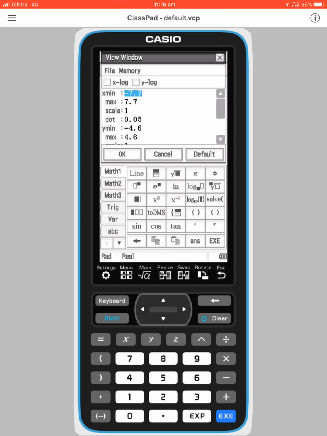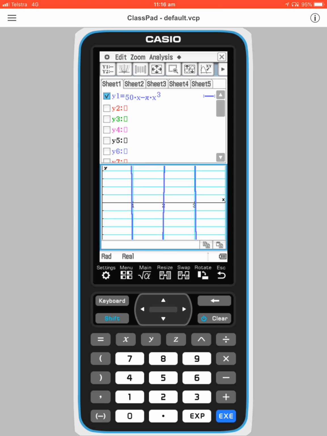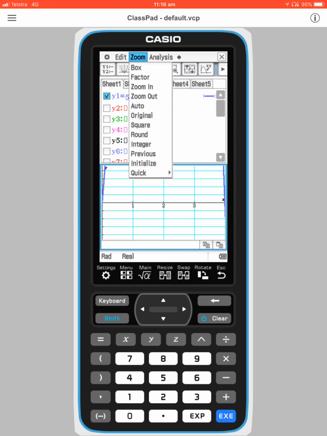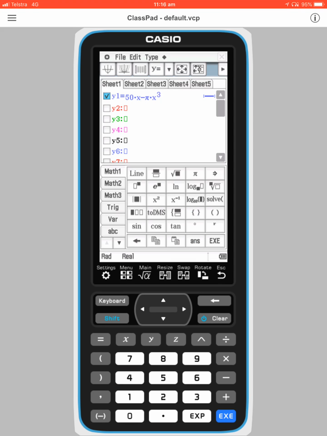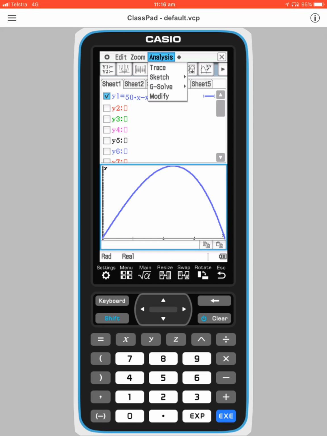So let's lock our ends in, 0 to 4, zoom auto. Okay, so we know our max is here. Before I restrict it, let's just have a quick look. Analysis, G-Solve, Max is 2.376, and 76.776, which is what we found before.